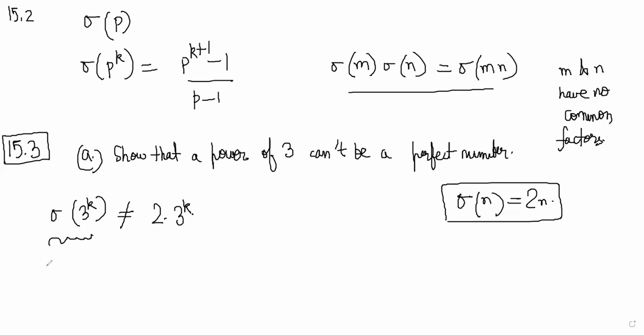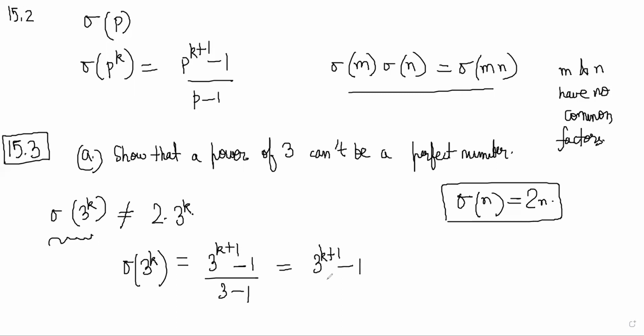Sigma of 3 power k will be 3 power k plus 1 minus 1 by 3 minus 1, so this will be 3 power k plus 1 minus 1 by 2.